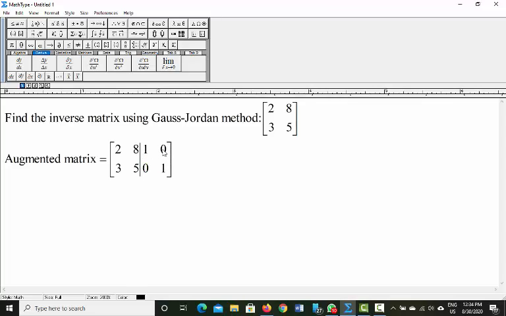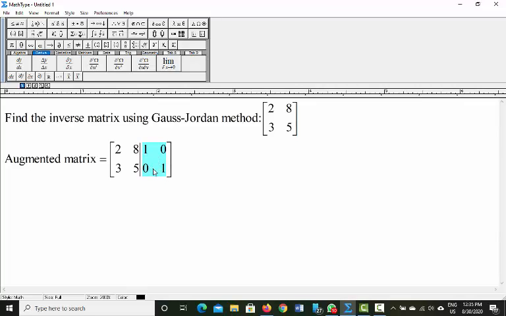This matrix is called an identity matrix. If you have all 1s on the right diagonal, we call it an identity matrix.